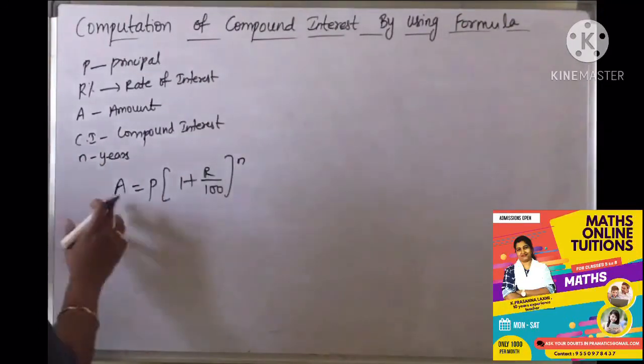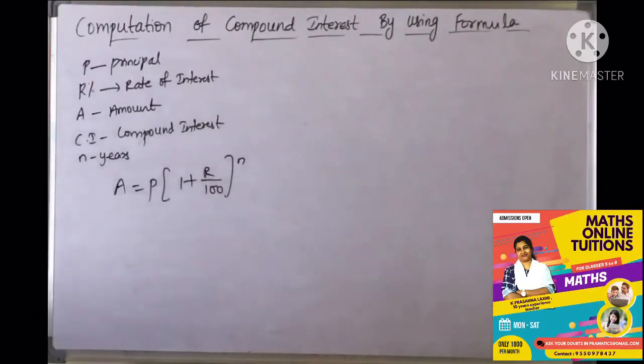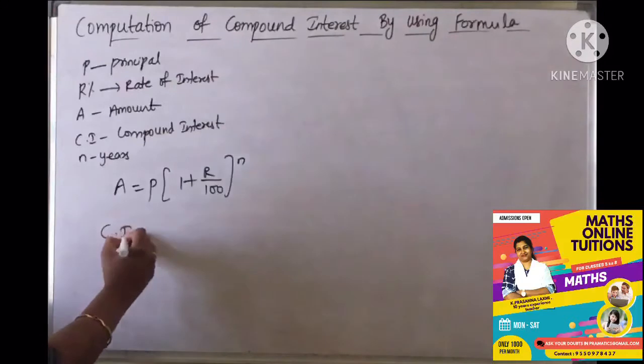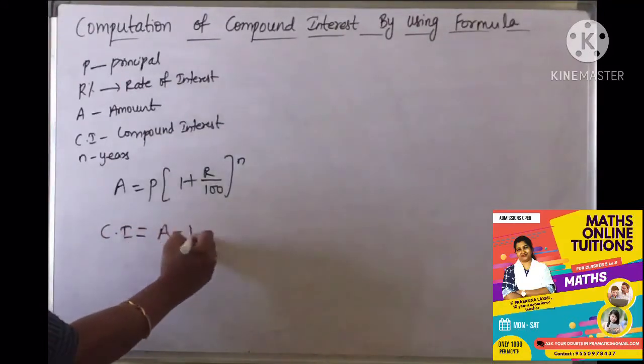Here A is the amount, P is the principal, R is the rate of interest and n is the number of years. And the compound interest is calculated as A minus P.